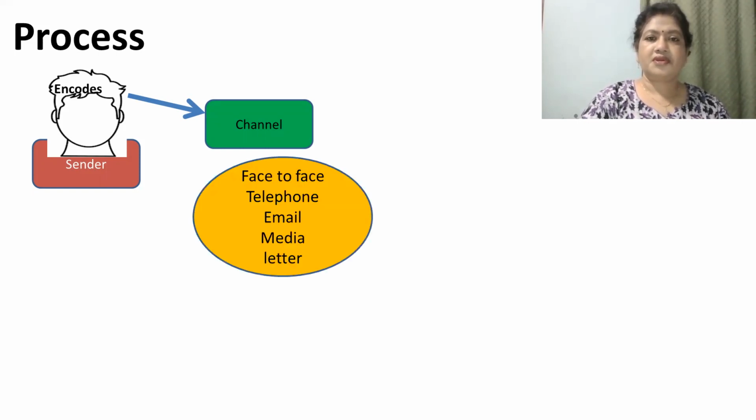So we have different channels. The first is face to face, one on one, telephone. You can write it as an email. You can use social media, or you can use a letter. There are many means; these are some examples. Then after using any of these channels or the preferred channel, you have a receiver.